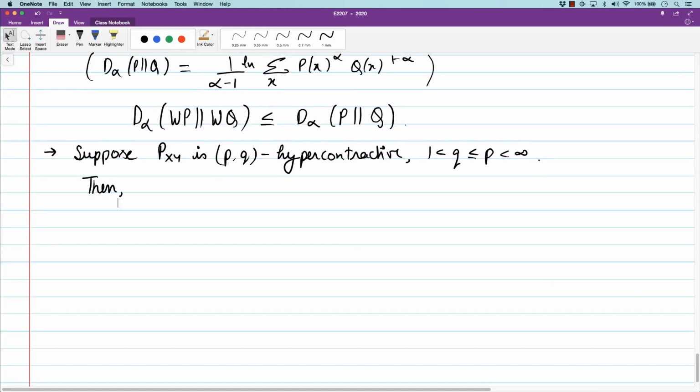Then consider this function, f(x) equals dP by dQ.